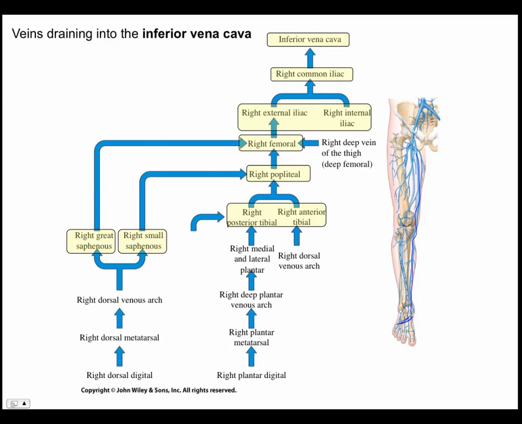Now, other areas we need to know, we have the anterior and posterior tibial veins. And this is going to feed into your popliteal. So here is the popliteal right behind that knee. Then you have the femoral. Then you have the external iliac, internal iliac, common iliac.